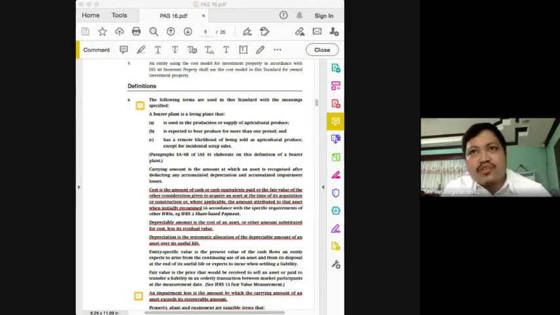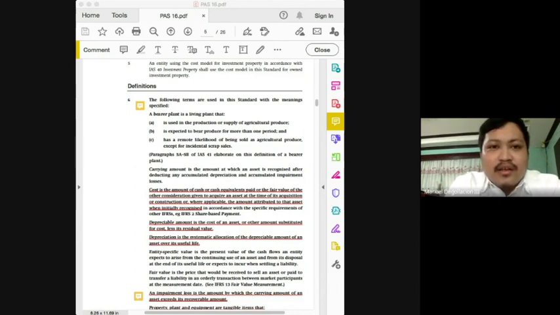In the discussion on biological assets, there would be a lot of questions wherein you would be asked, is this asset a biological asset or an item of PPE? Because if it is a biological asset, then that means it is going to be separately recognized from the other items of property, plant, and equipment.